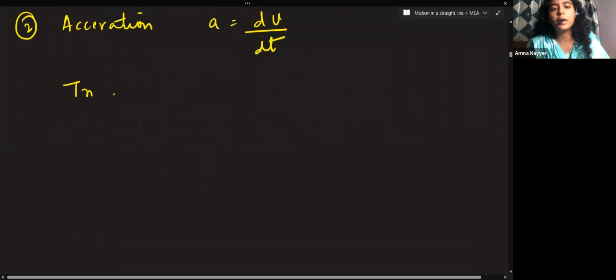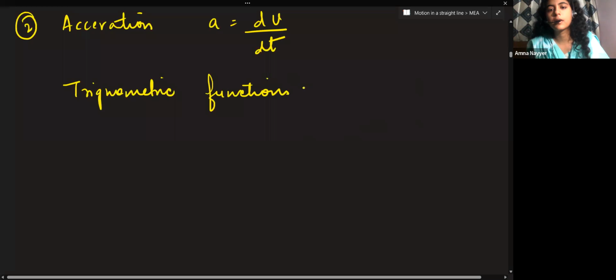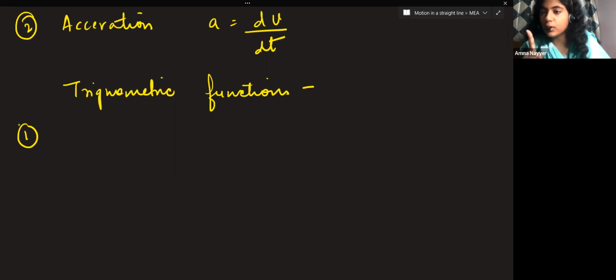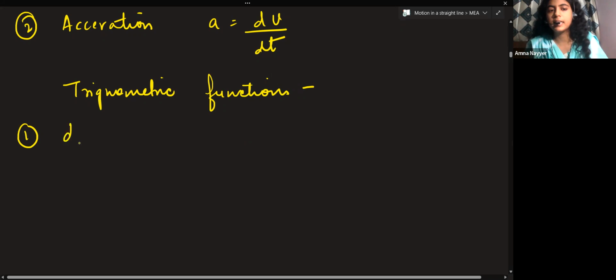So if you have trigonometric functions, you have to remember all these and you will be used to it. At least for sine theta and cos theta, these two you should remember. So if you have sine x, let's say, differentiation of sine x, where x means angle over here.